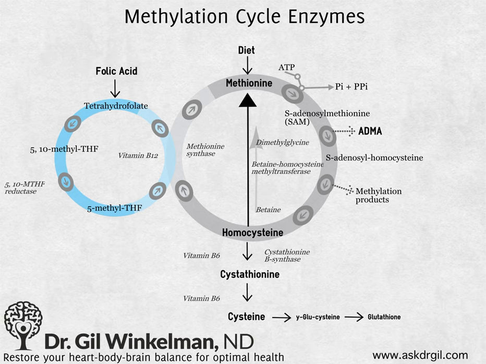There are other ways, and if you look at the diagram on the website, you'll see that we can recycle homocysteine into glutathione, which becomes sort of a garbage collector.